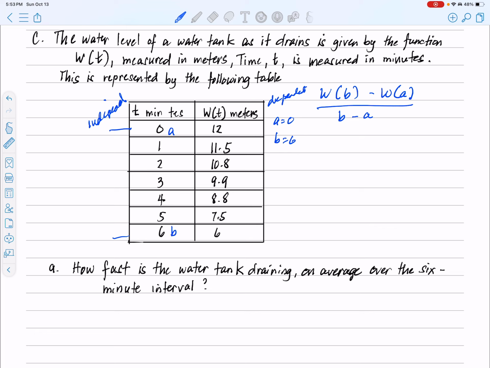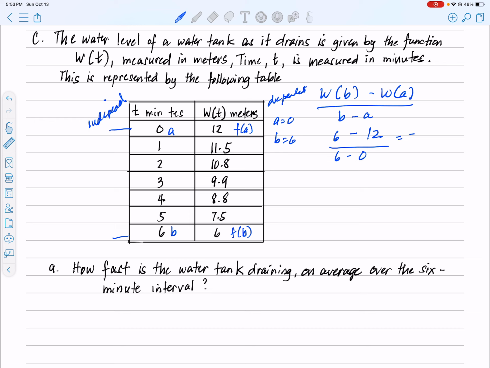And what would be the output? When it's A, it's 12. So this would be f of A and this is f of B. Okay, so we are using W of T. That means W of B is 6, minus the W of A, which is 12, over B is 6 minus A, which is 0.